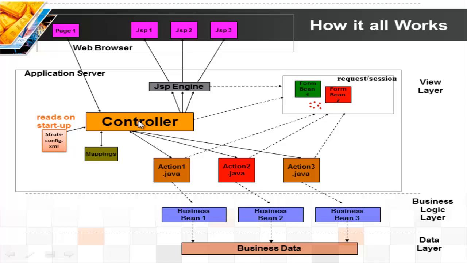Right when the application loads, it reads the struts-config, and it's going to create the mappings based on the information in this struts-config, so that it knows what the possible input requests are, what the possible actions are that it is supposed to take, what the different form beans are that it is supposed to use during the processing, and where it is supposed to forward the output. So this information is known to the controller right at the beginning. It's going to load it during the initialization.